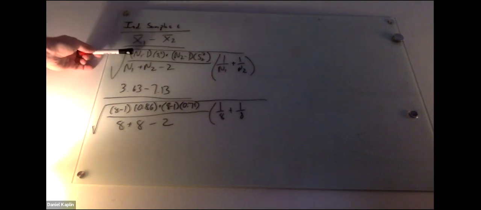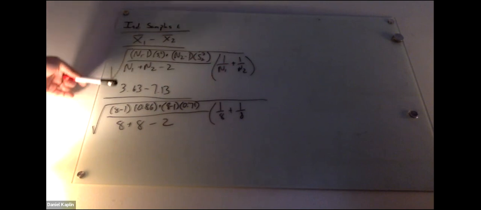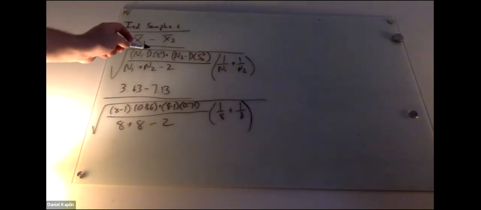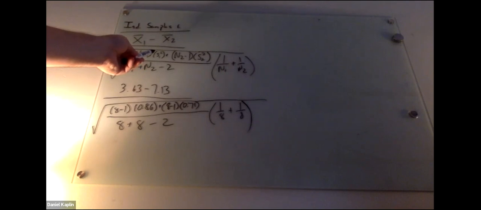So I said, okay, N1. How many participants were in group 1? 8, minus 1. I like to put a parenthetical mark around the variance for a given group so that you know you're going to eventually multiply across.